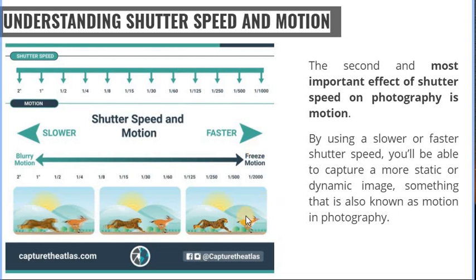Pero kapag gumagalaw ang object mo tapos mabagal, 2 seconds ka pa magki-klik, ano ang mangyayari? Blurred. So, parang sa jump shot lang yan. Kung gusto mong makuha yung jump shot mo, kailangan ang shutter speed mo ay slower or faster? Faster.